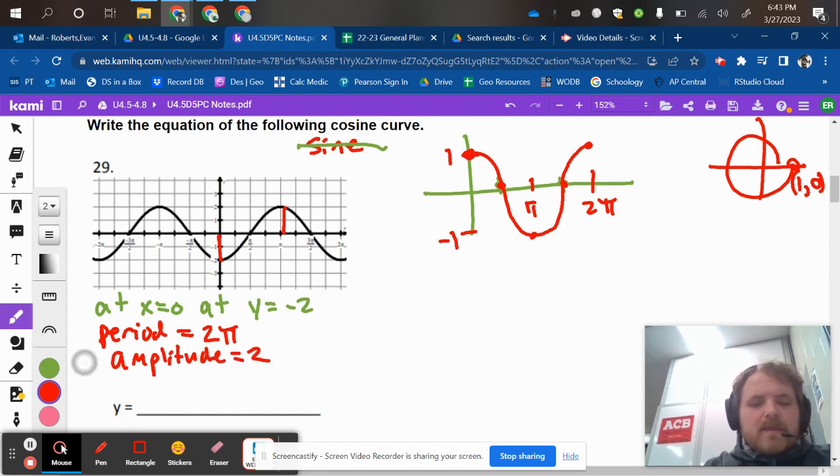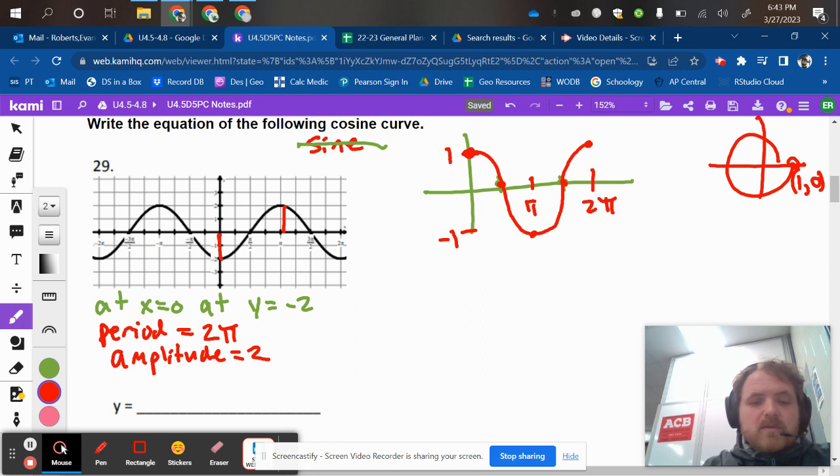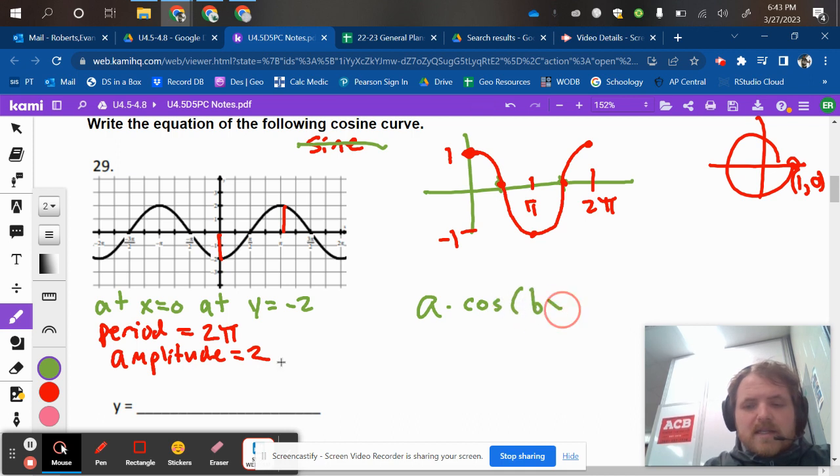So let's just run with it. So we know that we want it in the form of a times cosine bx plus d. So if we work our way from what I think is the easiest to the hardest, I think the a value is the easiest because it's just 2. The amplitude is 2. Whether or not there's a negative out front, we'll deal with that in just a second.